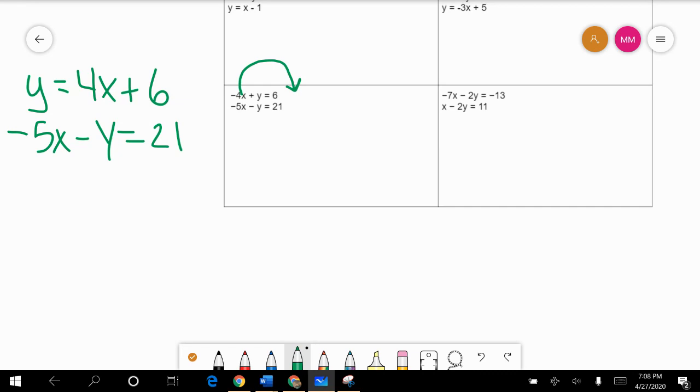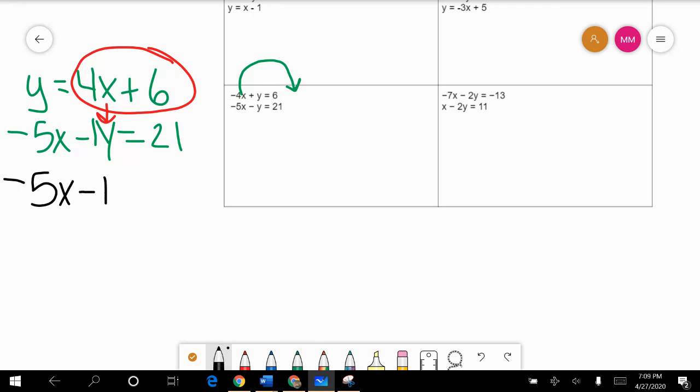So now, just like the last example, we are going to substitute in 4x plus 6 to where we see y in this equation. So when I do that, I now have negative 5x minus. Now, again, this is a little bit of a tricky part because I want you to remember that that minus means that there's really a negative 1 there.